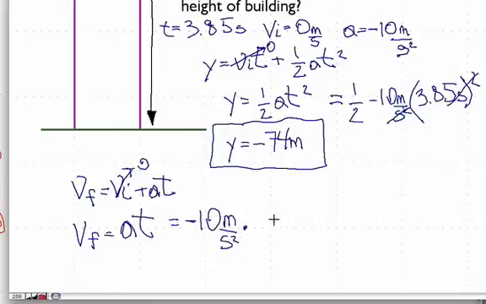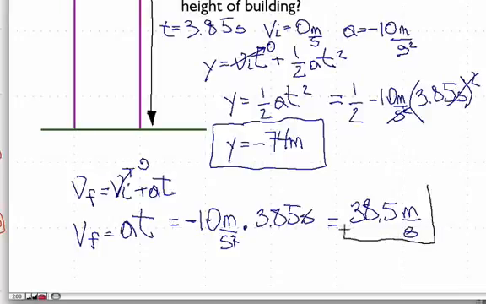And we know that we're going to be accelerating for 3.85 seconds, and therefore this second is going to cancel with one of these seconds, and we're going to end up with the final velocity being 38.5 meters per second. It's just the time times the acceleration.